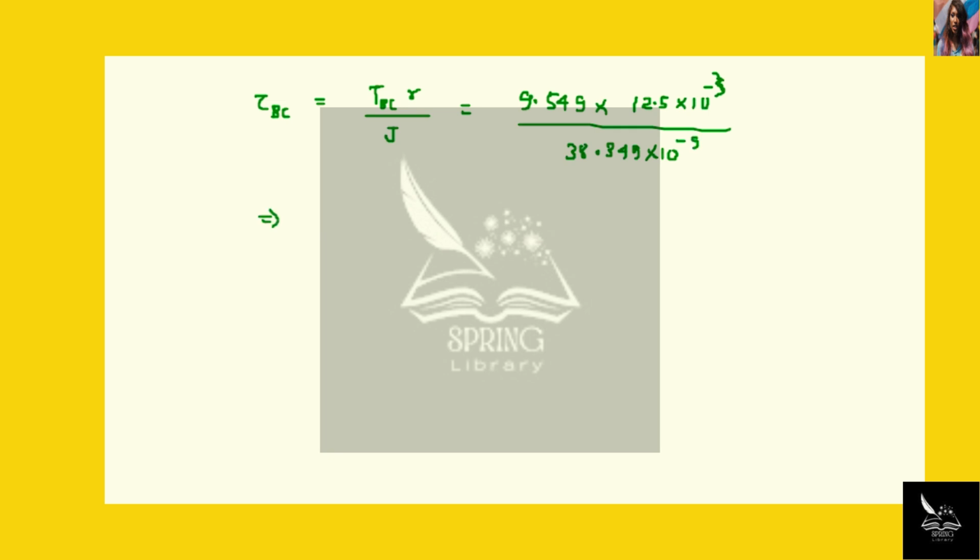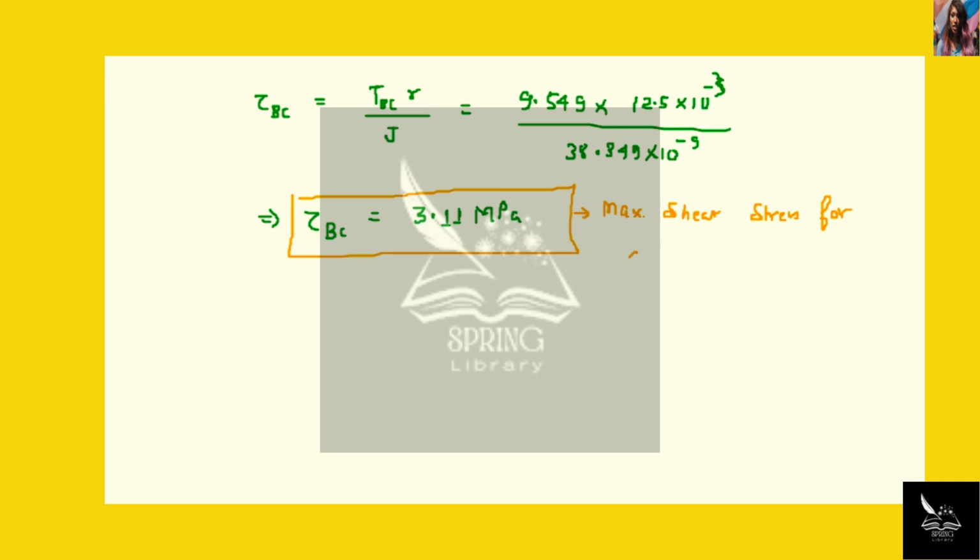So from this we get the shear stress in section BC as 3.11 megapascal. So this is the maximum shear stress for shaft BC.